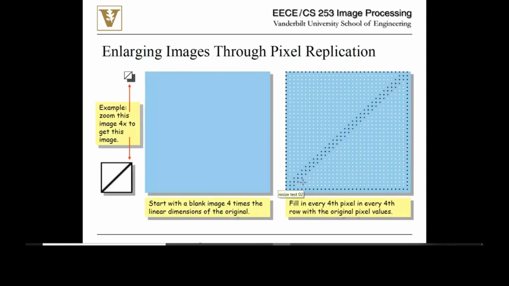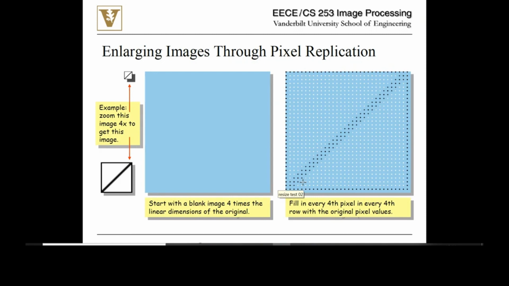So let's see this process a bit. Let's say that I want to make my image larger by a factor of 4 in both directions. So I start with this image. I want to make it 4 times larger.